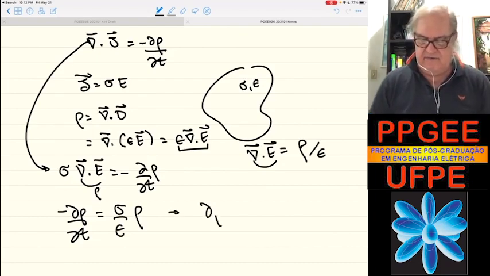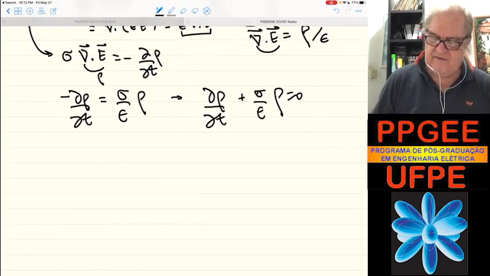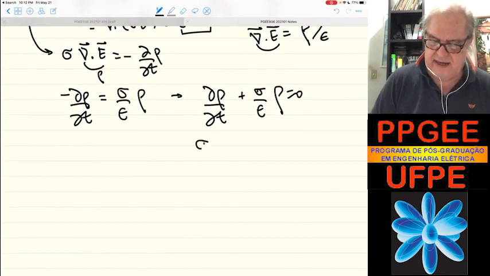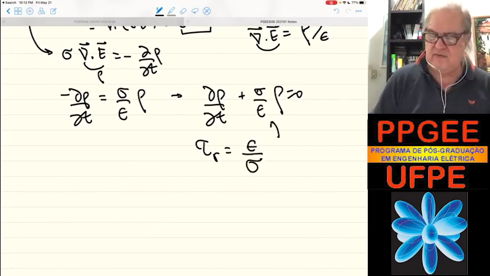Then we have a differential equation for rho, right? Or you can define a time constant, a relaxation time, tau r equals epsilon over sigma. It's easy to observe that it has a dimension of time.